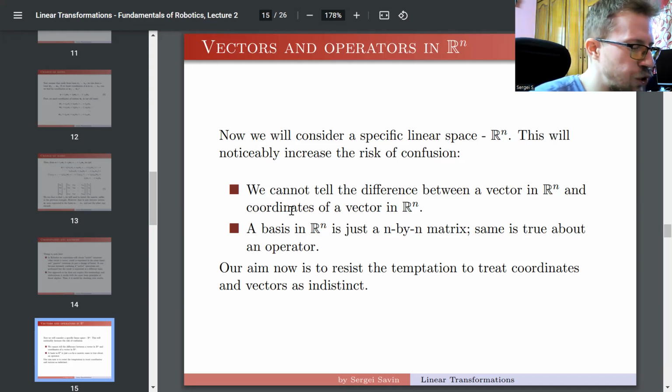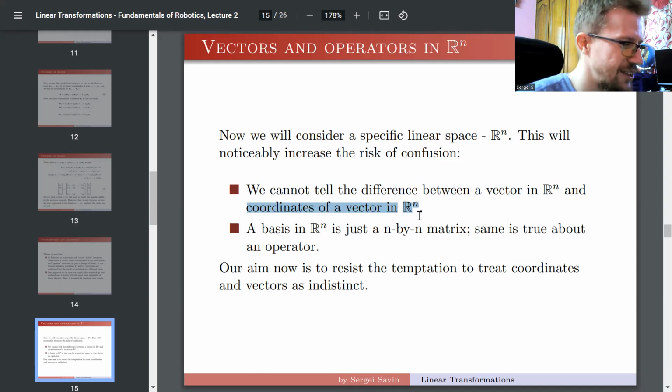So the risk of confusion is enormous. First, it is very difficult to find the difference between vectors and coordinates. What is the difference between a vector in Rn and coordinates in Rn? Very difficult. You cannot tell by looking at it if it is a vector or coordinates.